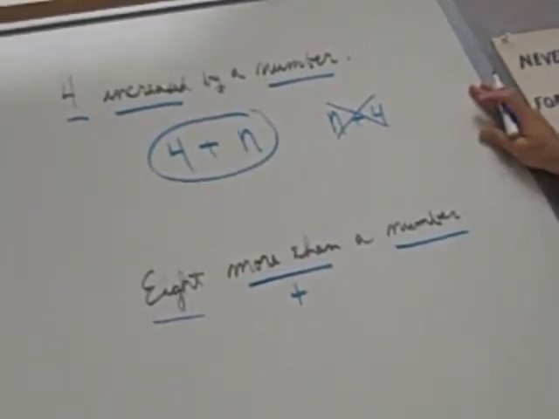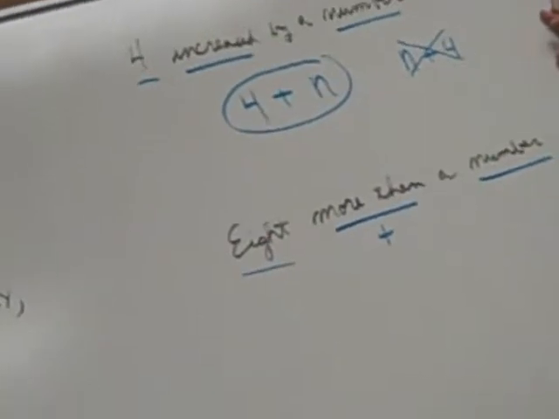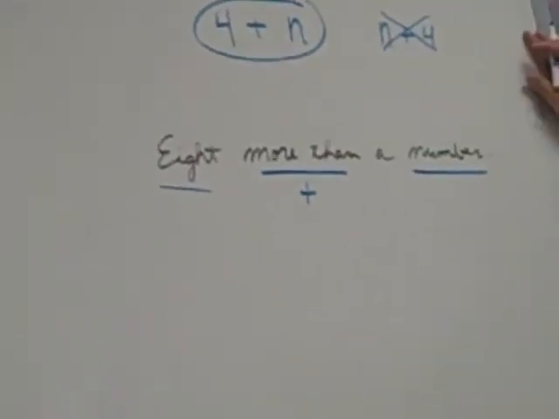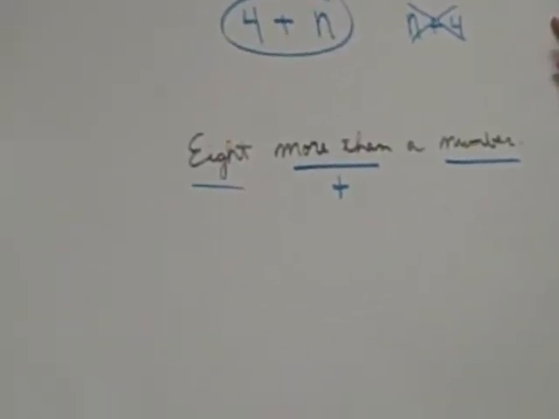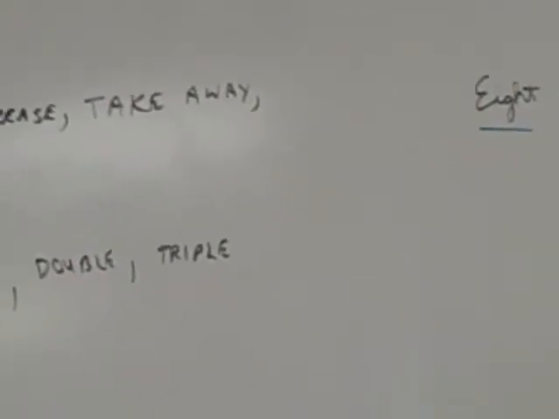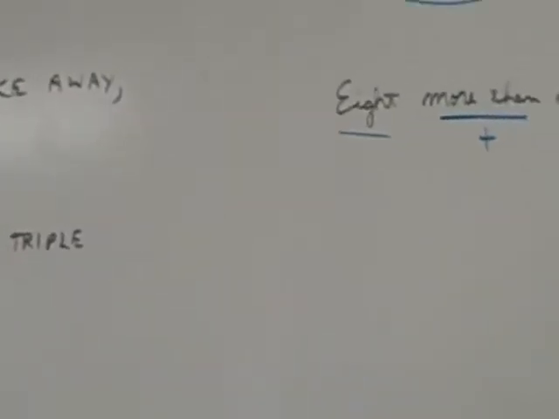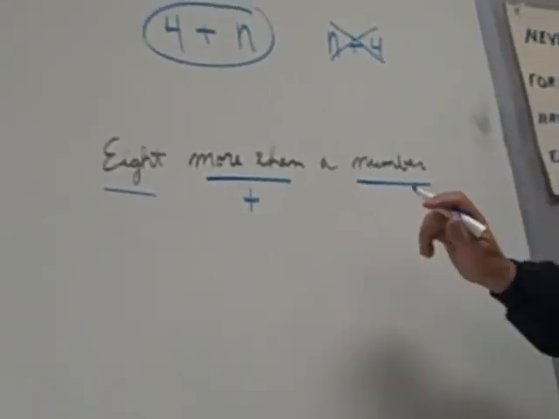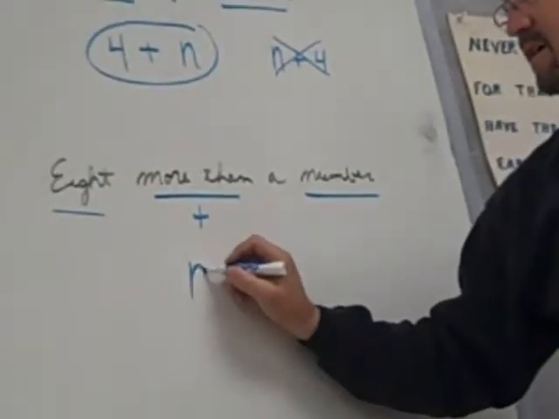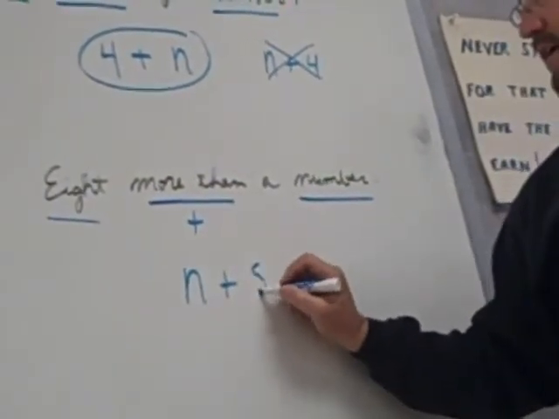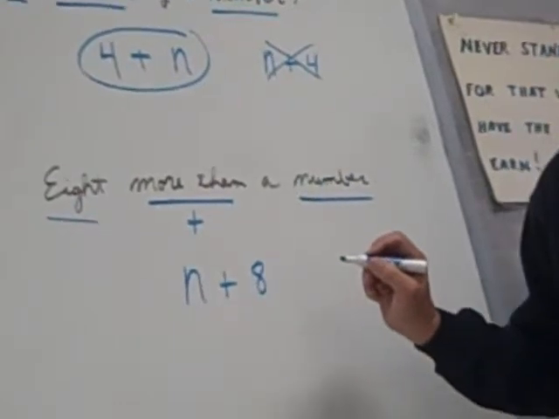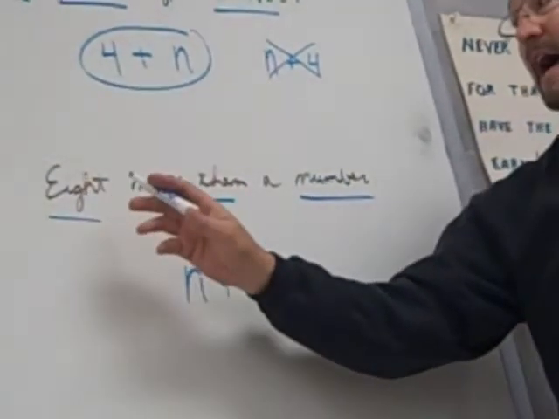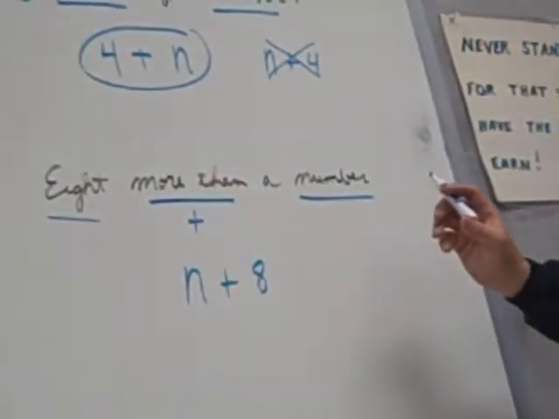Now, think about this. 8 more than a number. What do you have in your hand, the 8 or the number, first before you do stuff to it? The number. In this case, the N goes first because of the way it reads. 8 more than a number.